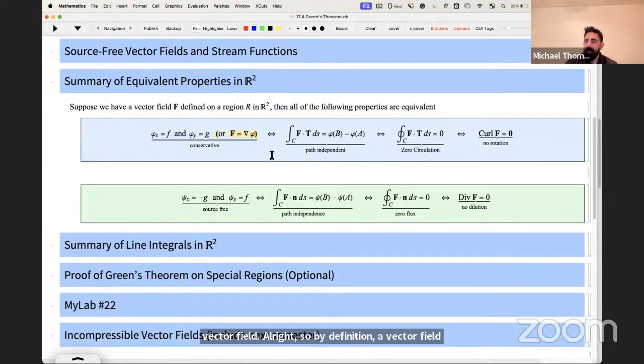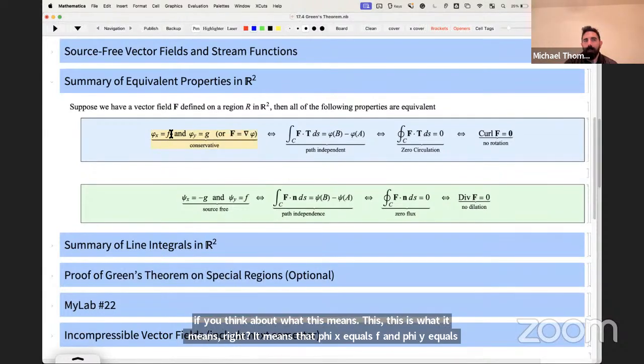Do you remember this from section 17.3? Do you remember there's a test to determine whether a vector field is conservative? And once you show it's conservative, you can find the potential function. You did that in 17.3. But if you think about what this means, it means that phi x equals f and phi y equals g.